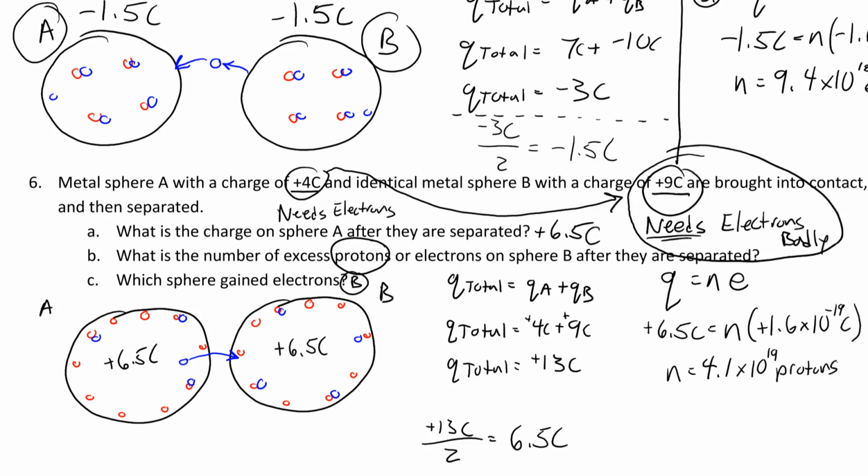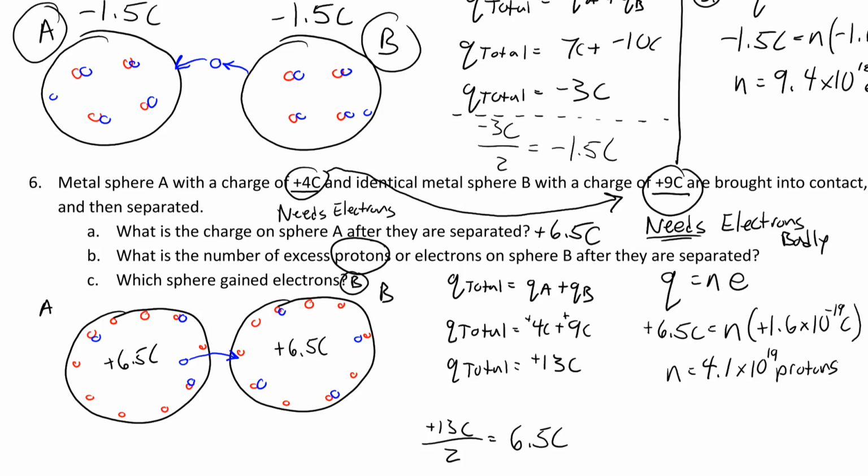All right, so this one became more positive. It went from 4 coulombs to 6.5. It became more positive because it lost electrons. And the 9 coulomb one became less positive. It was 9 coulombs. Now it's only 6.5 coulombs of charge. It became less positive because it gained electrons.